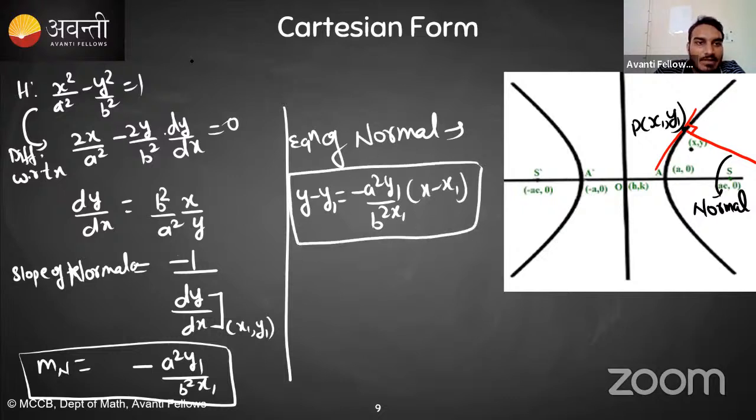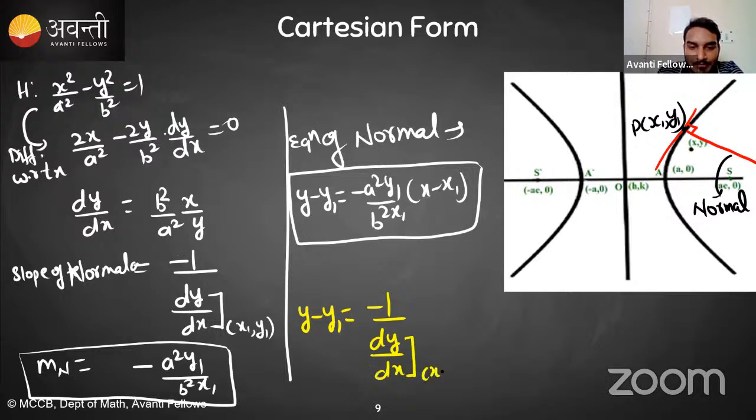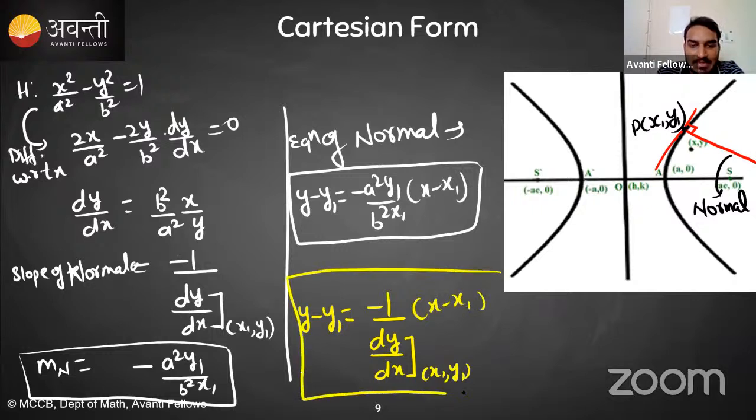Is this clear everyone? Is there any doubt? So in general you can say that equation of normal is y minus y1 is equal to slope, where slope is minus 1 upon dy by dx at point x1 comma y1, into x minus x1. Is this clear everyone?